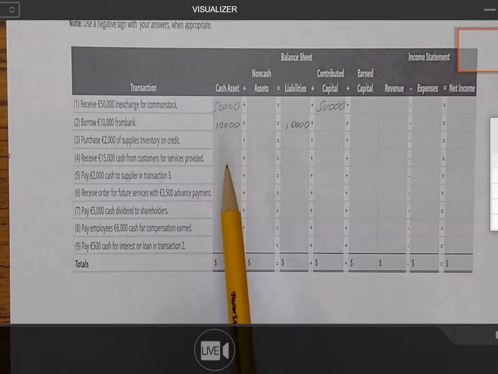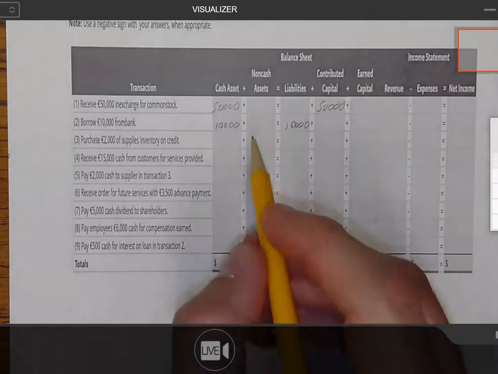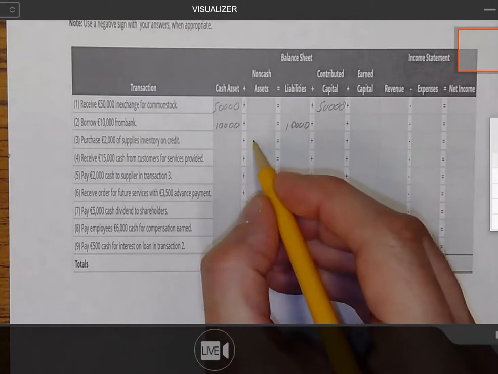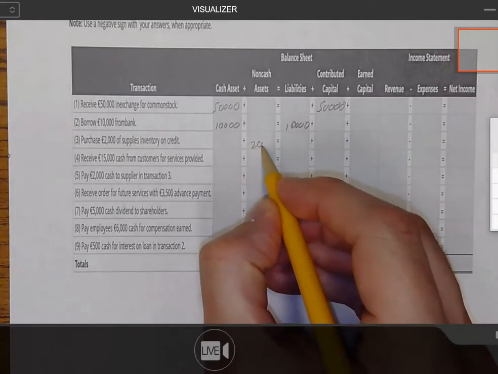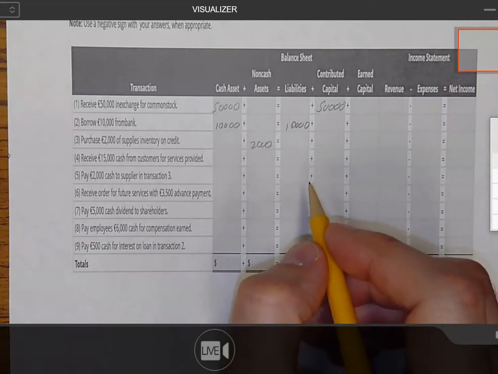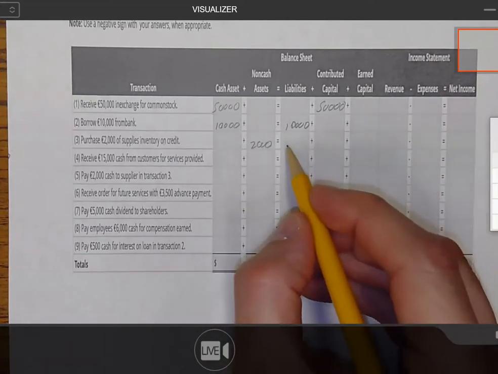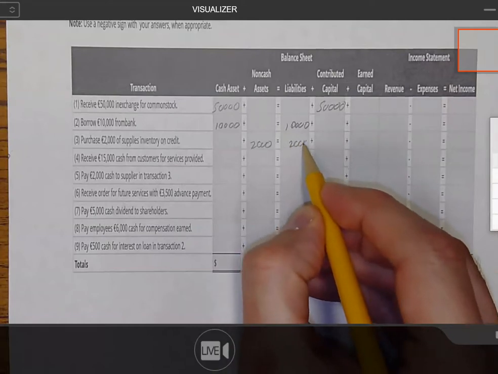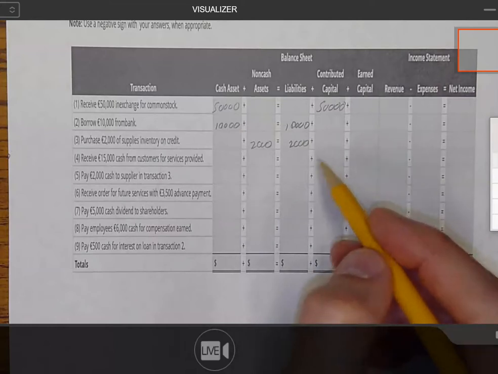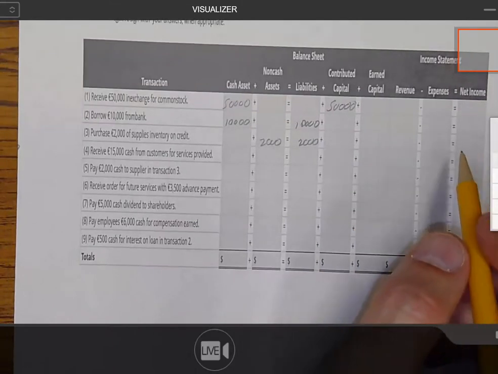That means that we're getting $2,000 worth of supply, so that's not cash, but it is a non-cash asset. So let's go ahead and plot that right here. Okay, and because it's on credit, we are also going to increase our liabilities by the same $2,000. And then everything else that we have here is not impacted.